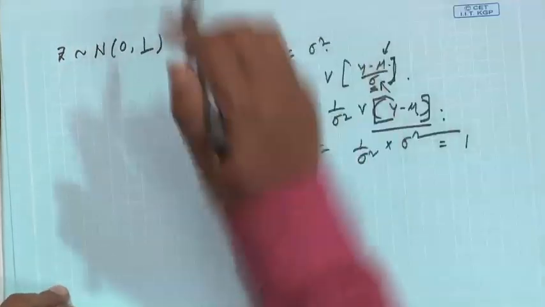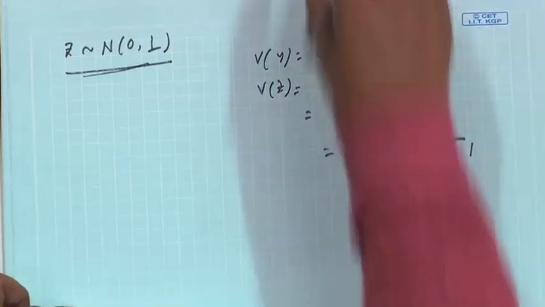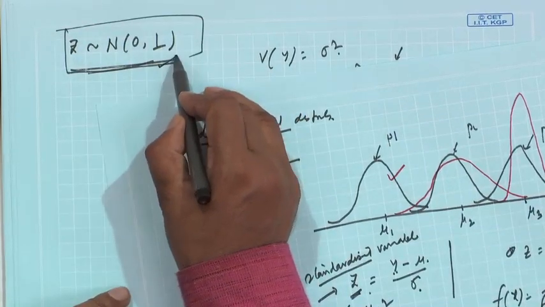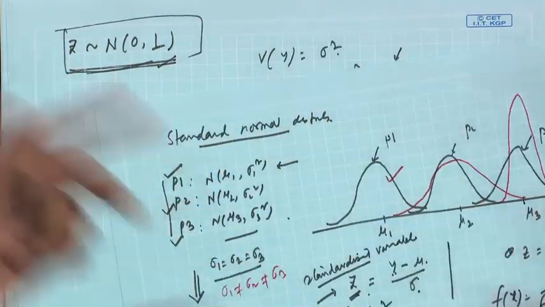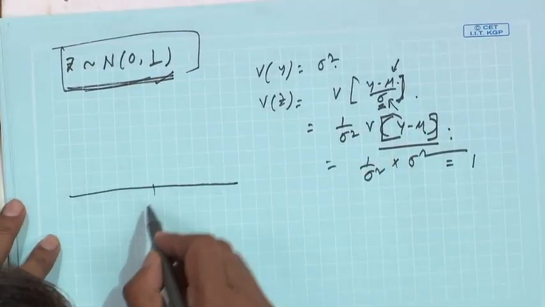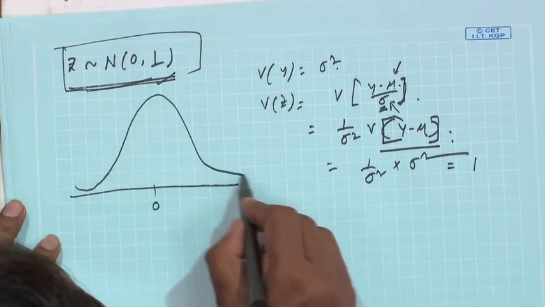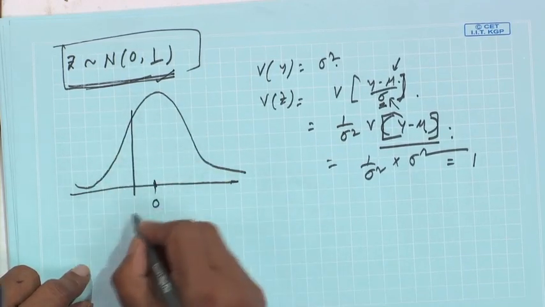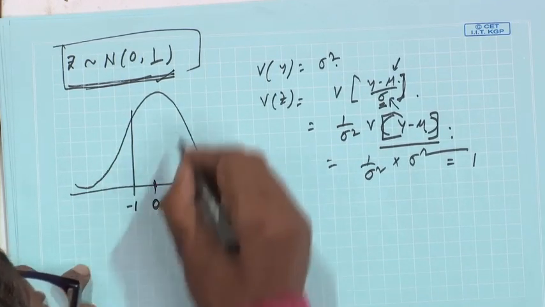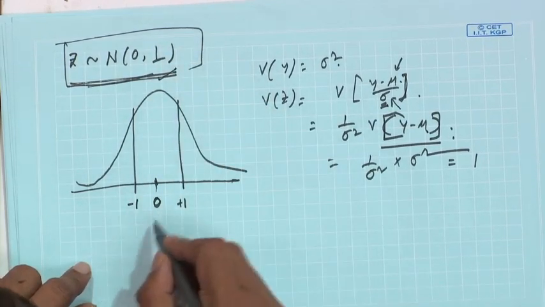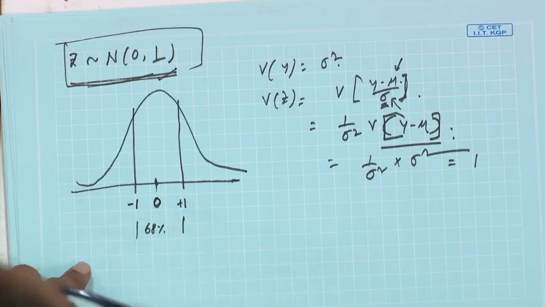When you standardize, all those distributions are standardized to only 0, 1. That means I have only one graph, one density function, with z equal to 0 in the center. 1 sigma is nothing but minus 1 on this side and plus 1 on this side, since sigma is 1, and 68% of the data will fall within this.